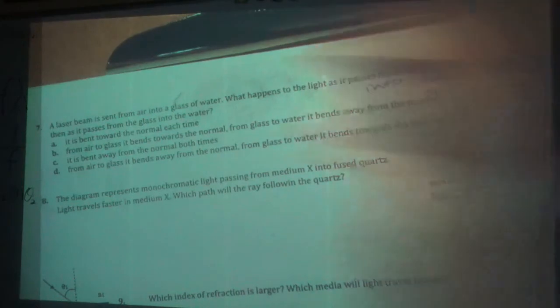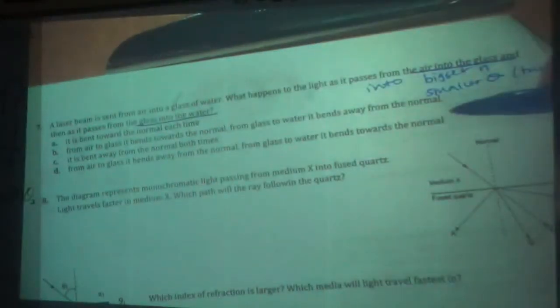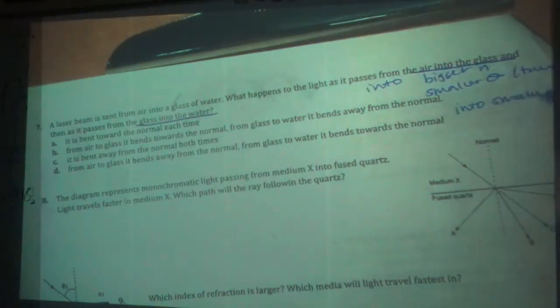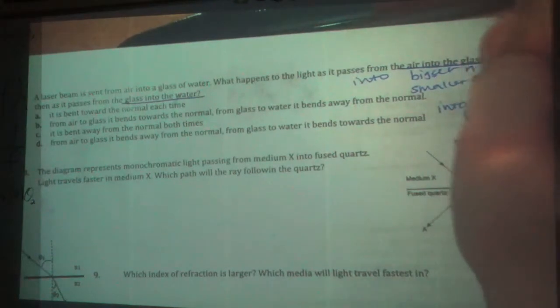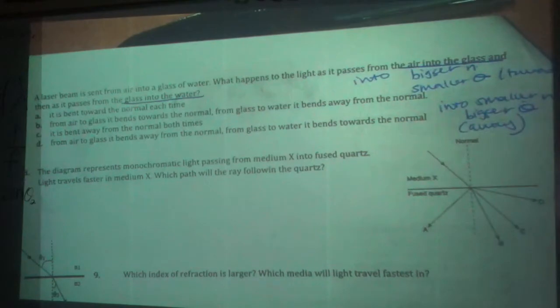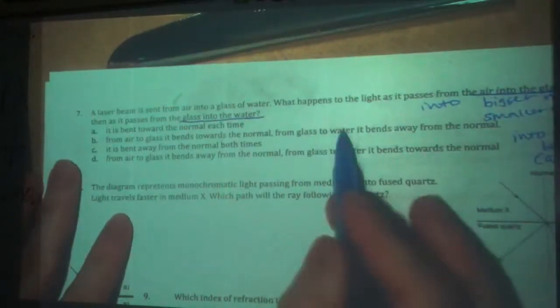And then when it goes from glass into water, that's a smaller n, so I'm going to get a bigger angle, which means I'm going away from the normal. So I want it bending towards and then bending away. So that's bending towards, and then the second part from glass to water is bending away.